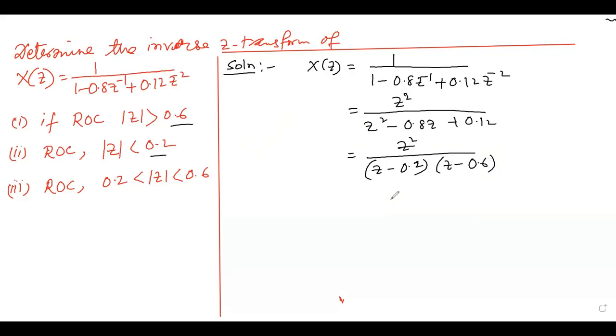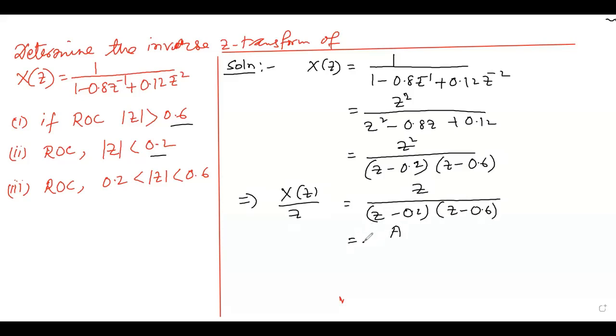Okay? Now find out the partial fraction. For that we write X(z) by z, which is z by z minus 0.2 into z minus 0.6. Now write this as A by z minus 0.2 minus B by z minus 0.6.